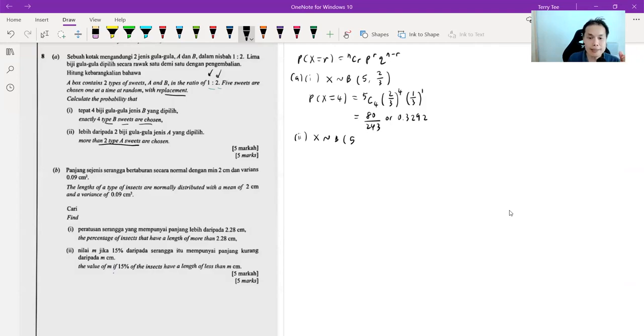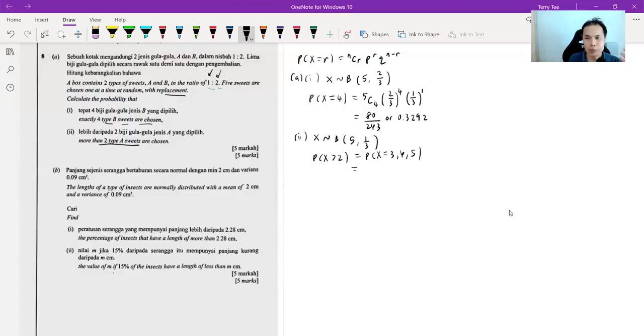Although your N remains the same as 5, your probability of getting type A is 1/3. And you want more than 2. More than 2 in this case means 3, 4, or 5. So let's list out one by one.